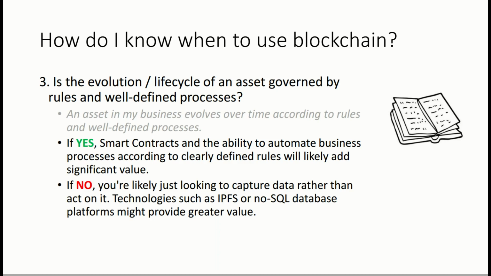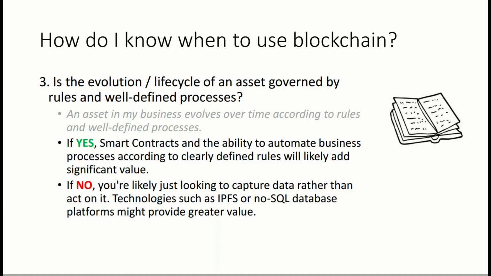Most of the assets that we bother to work with in the world fall into this category. There are at least some high-level rules and guidelines in place that help guide the evolution of this asset. Like I said, there are very, very few things whose evolution is completely random and unpredictable.